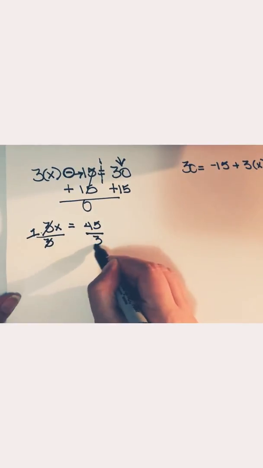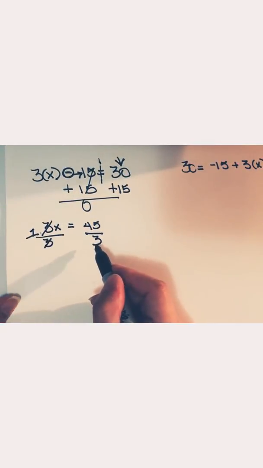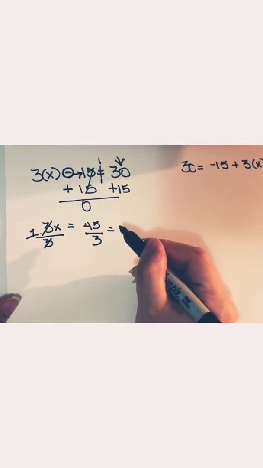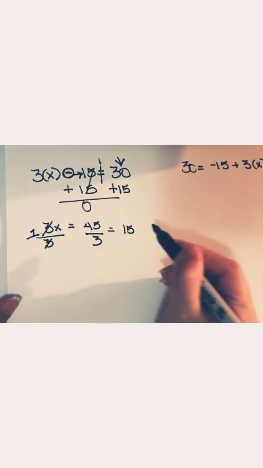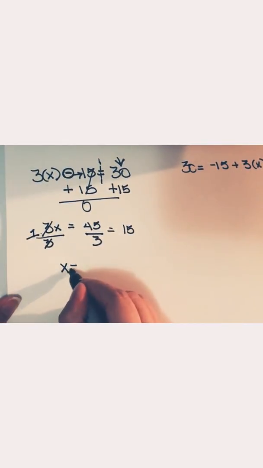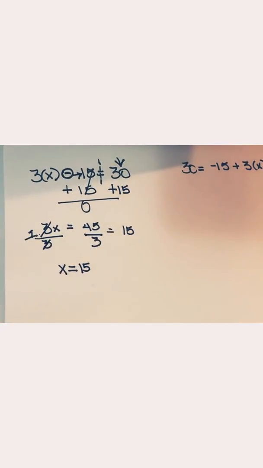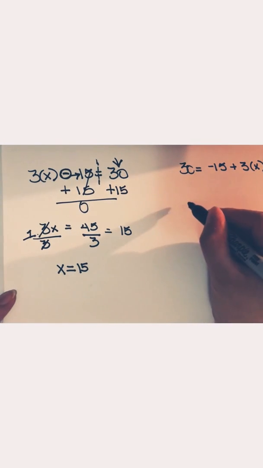Remember, what you do to one side, you have to do to the other. So 45 divided by 3, that's going to be 15. So x equals 15. Now, just in case you want to go ahead and show your professor your work, which you always should, you would just plug the 15 in again.